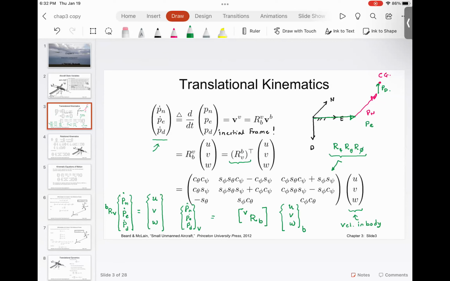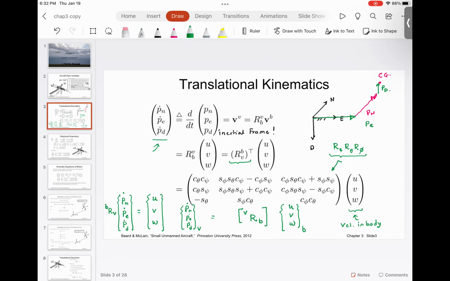Now imagine at this point, the acceleration data that you are getting is noisy. Clearly, with the noisy acceleration data, you will have error in the calculation of UVW. You will have error in the calculation of Pn dot, Pe dot, Pd dot. And you integrate those further, so you are going to have error in Pn, Pe, and Pd.